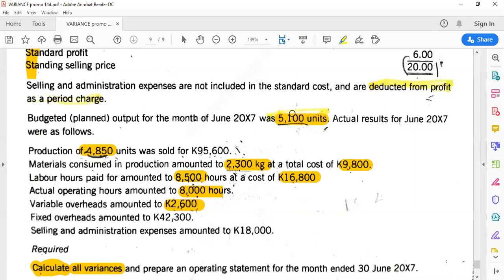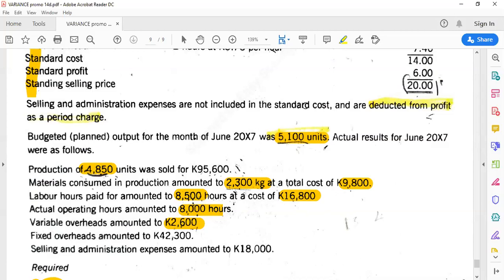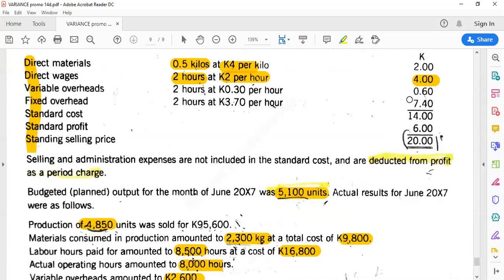How much was the fixed cost per unit? The fixed overhead per unit is simply 7.4.